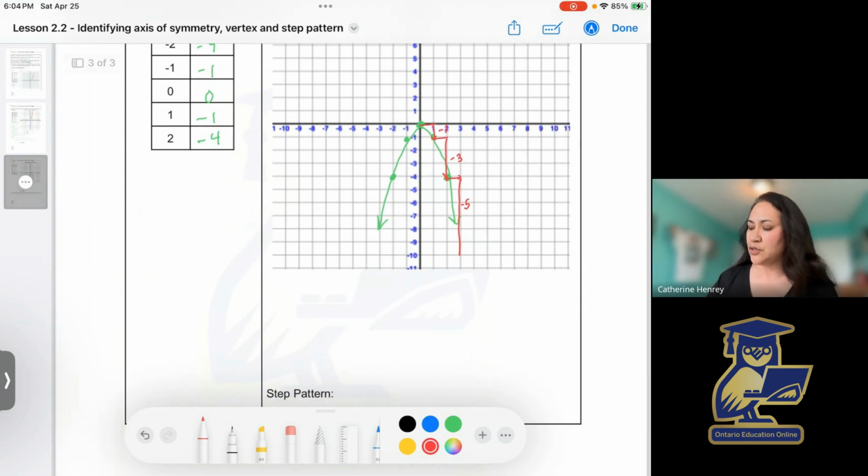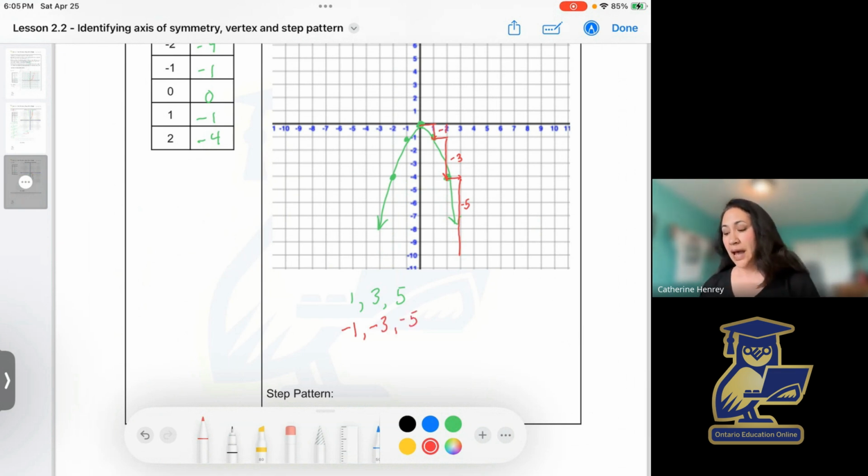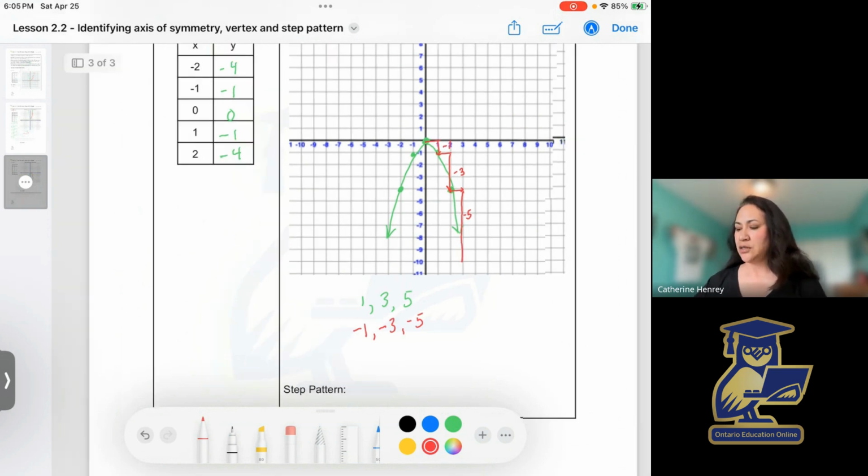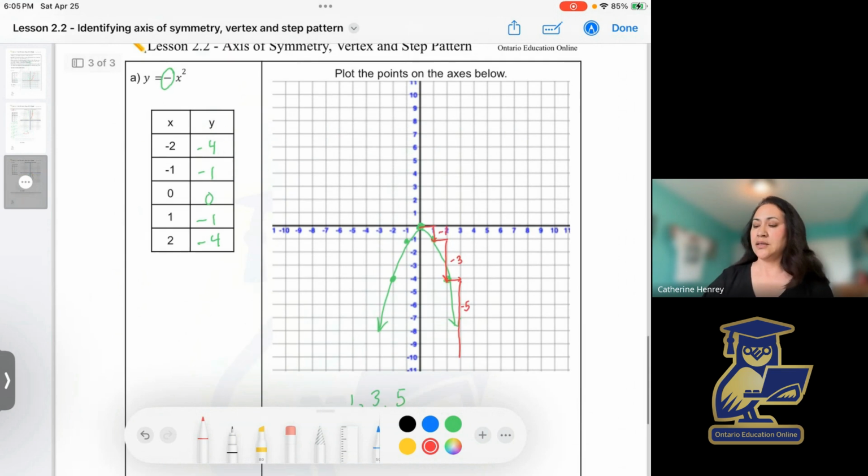Remember, the original step pattern for the parent function is 1, 3, and 5. And the step pattern for this particular example is -1, -3, and -5. And how does that happen? All the signs are changed based on the -1 that is in front of the x squared term.